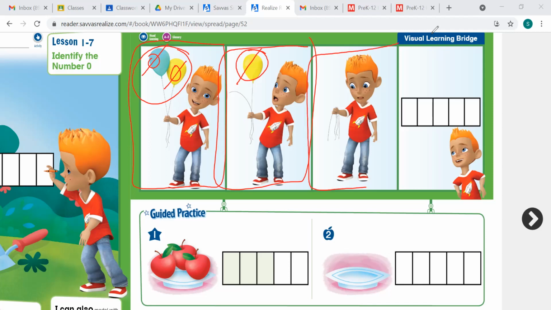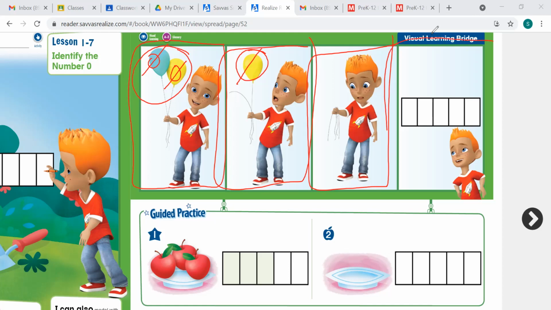Let's look at this third picture. How many balloons does Alex have now? He has no balloons. What number tells how many balloons there are? 0. And how do you know? There are no balloons to count.